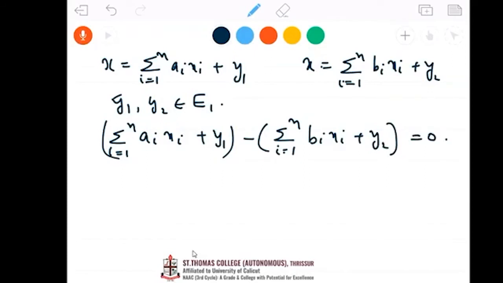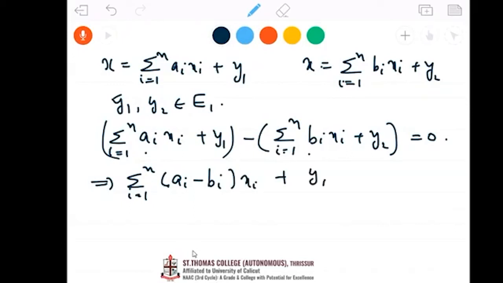Okay, and this means, summation i varies from 1 to n. Here we have aixi, here we have bixi. The xi's are same, so we can write this as summation (ai minus bi) times xi plus y1 minus y2 is equal to 0.